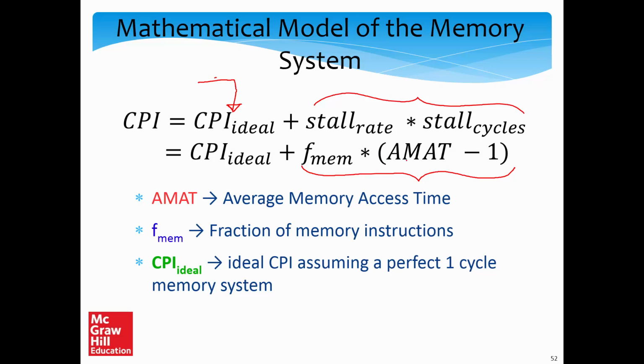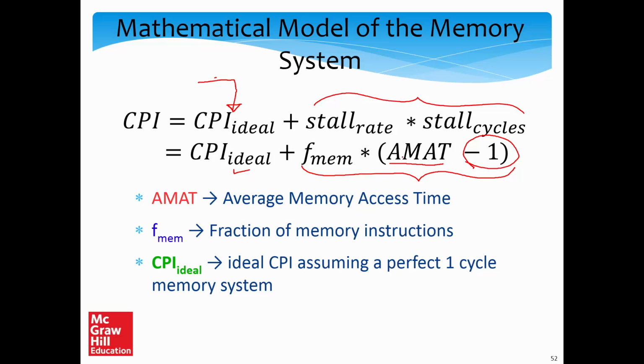The average number of stall cycles per memory instruction is the average memory access time minus 1. Why minus 1? We subtract 1 because we assume that every memory instruction will take 1 cycle, and this one cycle is folded into the CPI ideal, so we need not do double counting. Consequently, we compute the stall cycles for memory instructions as AMAT, average memory access time, minus 1.